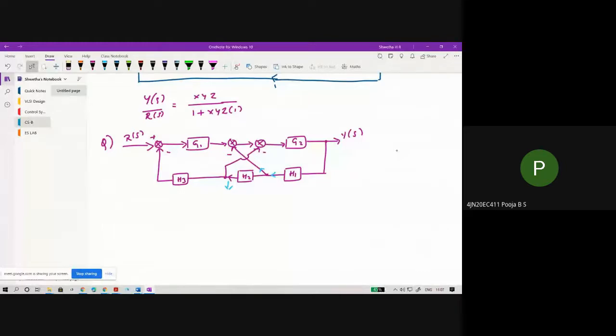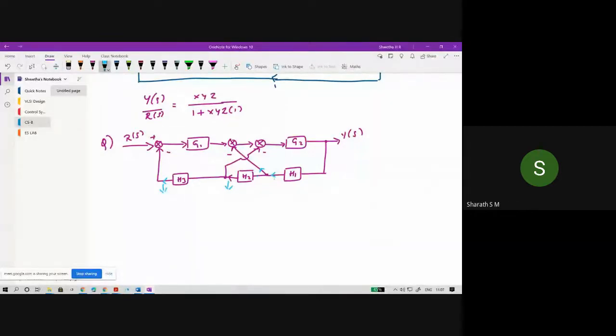Negative feedback. So here we have H1, and at this position we have H1, H2. Afterwards, at this position, what are the variables present? H1, H2, and here H3.